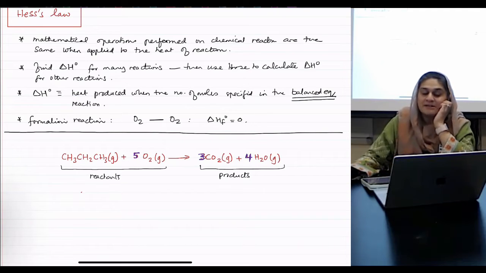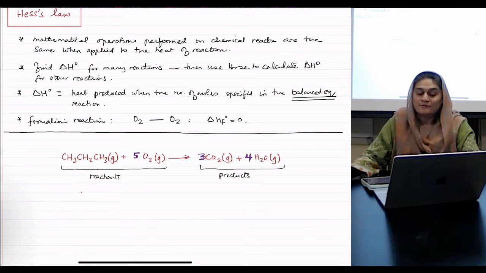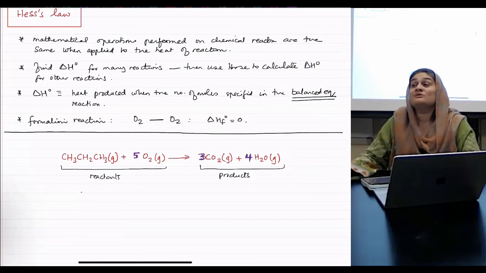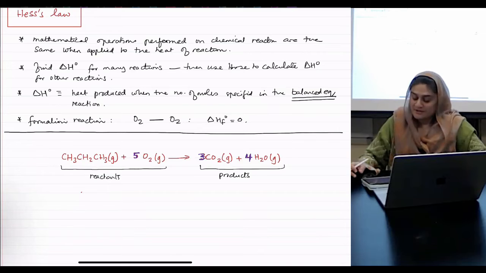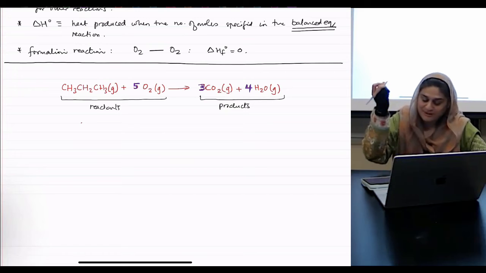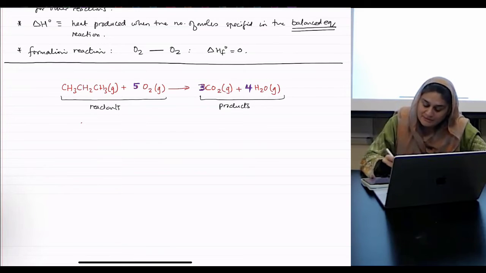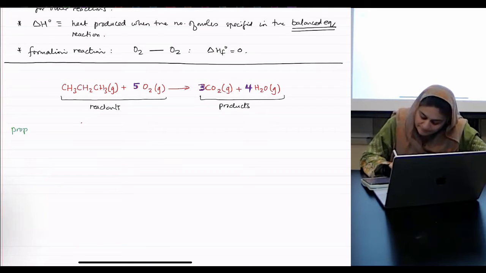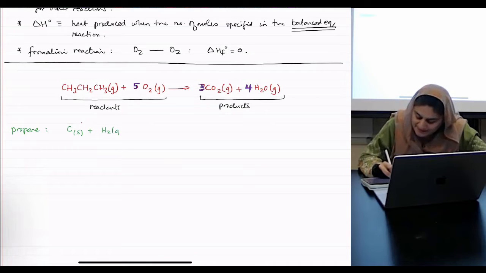I need to find the delta H total for this. I don't know that. But suppose you knew delta H's for certain other things. So for example, I knew from a textbook somewhere that for propane, C in the solid state plus H2 in the gas state goes to propane.